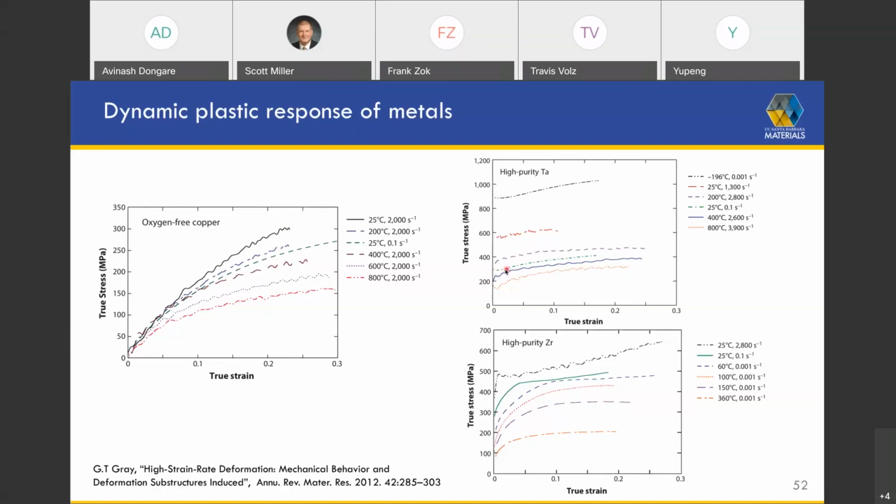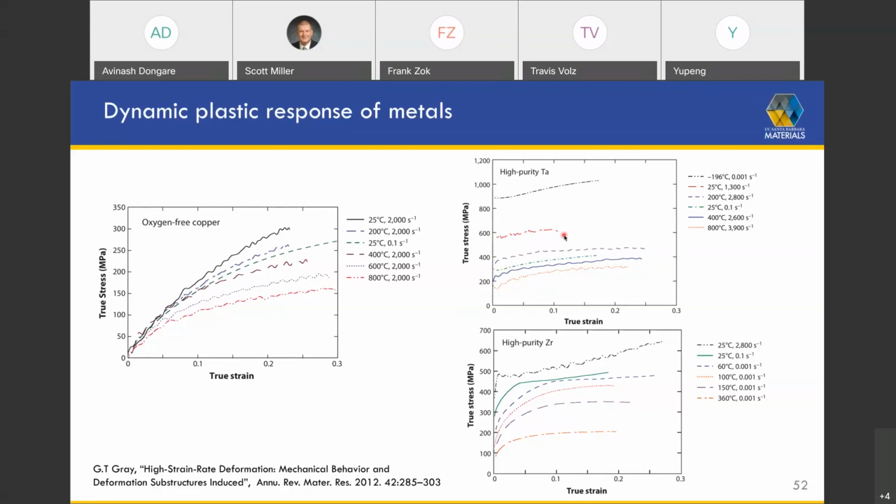So in this case, you're going from a yield strength of about 300 MPa to a yield strength of about 550 MPa. Okay? And that's true of most BCC metals. Interestingly, the strain hardening in these materials doesn't change very much with strain rate.